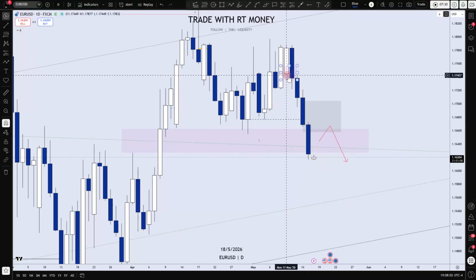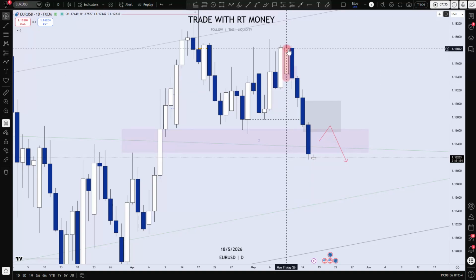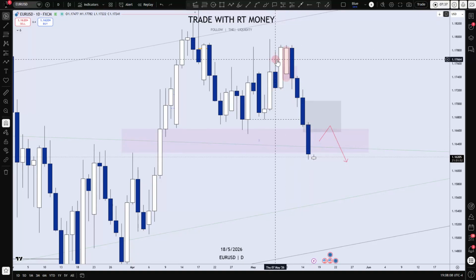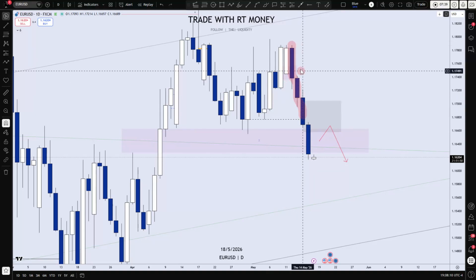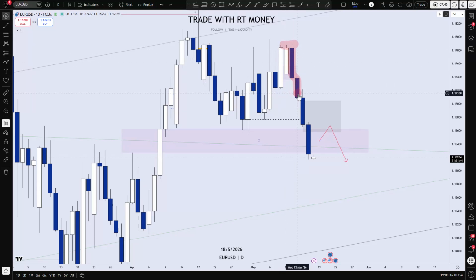This was a classic weekly profile where Monday moves away opposite of the intended move. You see the high being established early in the week, Monday, Tuesday, and the rest of the week heading towards the low.